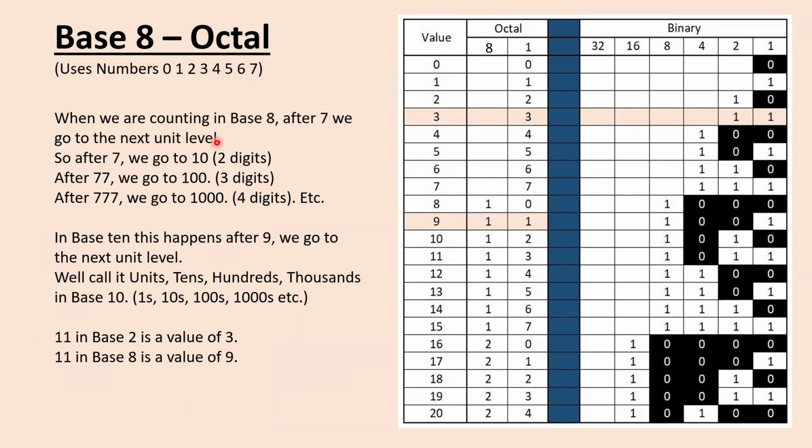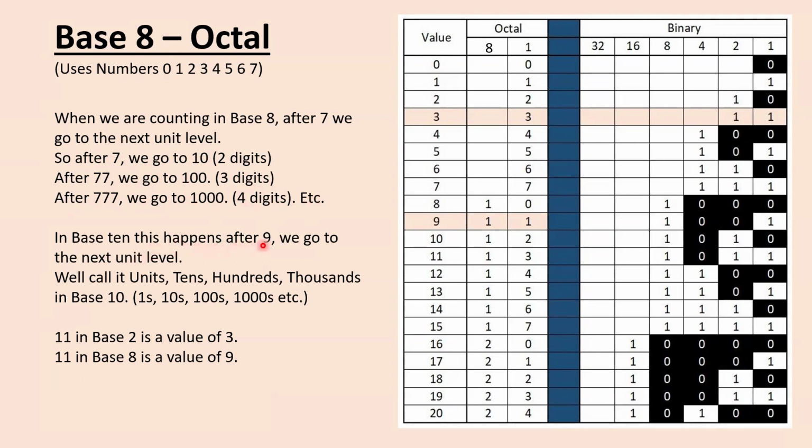So after 7, we then go to the next 2 digits, 1, 0. After 77, we go to 100, 3 digits. After 777, we go to 1000, 4 digits, etc.